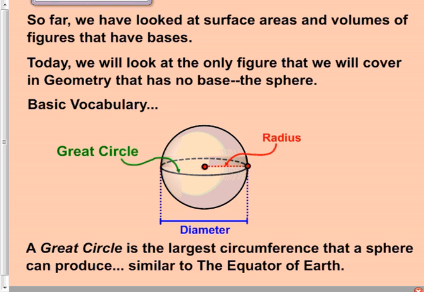The equator of our planet is what we would call the great circle of Earth. That's the largest circumference that our planet has to offer. Now, obviously, as you move north from the equator or south from the equator, technically those are also circumferences if you travel around the planet going parallel to the equator. However, those aren't the largest circumference that the planet would have to offer. That would be the great circle.